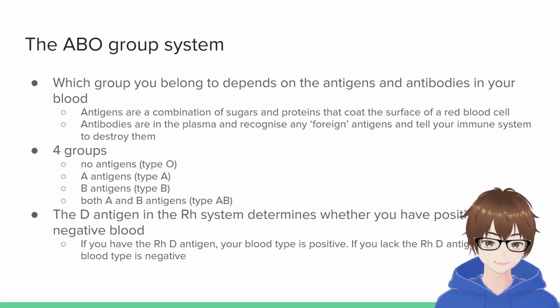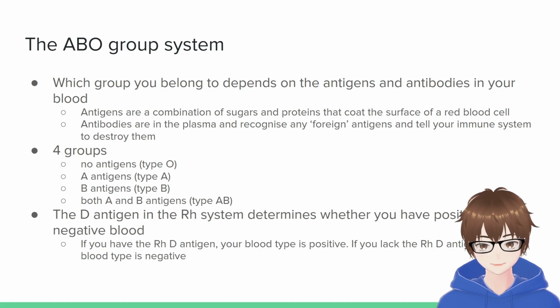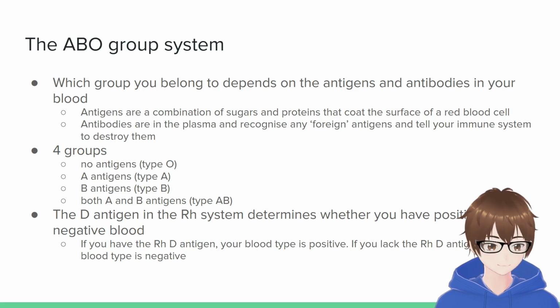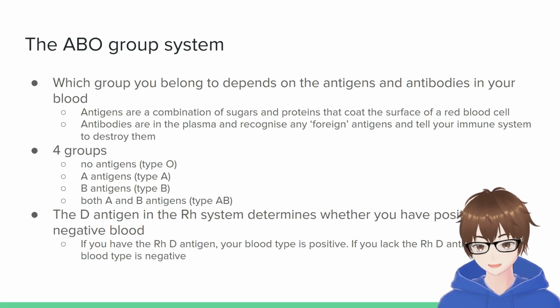Antigens are a combination of sugars and proteins that coat the surface of the red blood cells, and antibodies are in the plasma, which recognize any foreign antigens and tell your immune system to destroy them. So think of antigens as little marks on the outside of your red blood cell that tell the body what they are. And antibodies are the little police officers that check the proteins to make sure you're all good. So we have four groups.